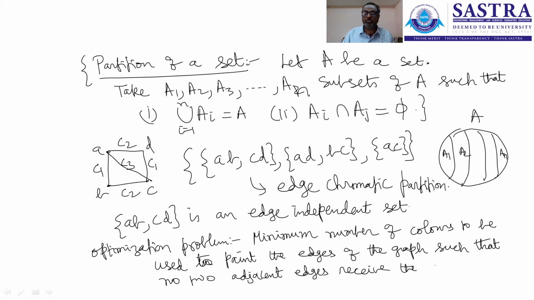They should not receive the same color. So in this case, you are finding the minimum number of colors, and this minimum number of colors is called the edge chromatic number.